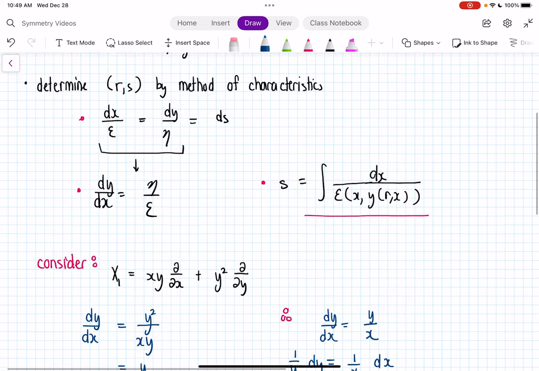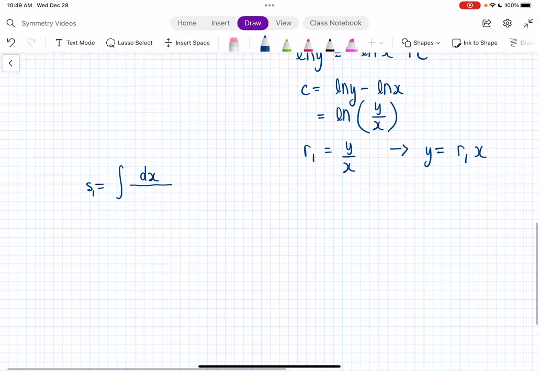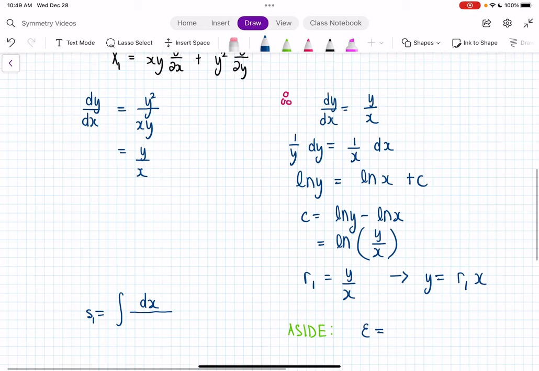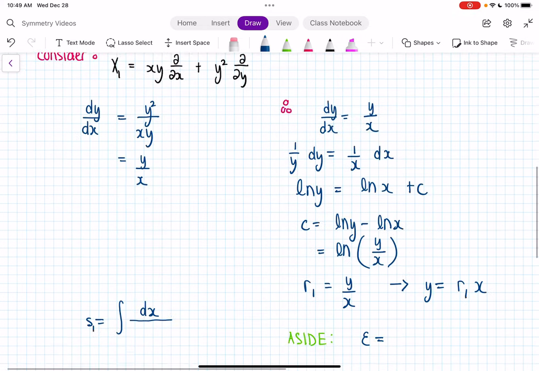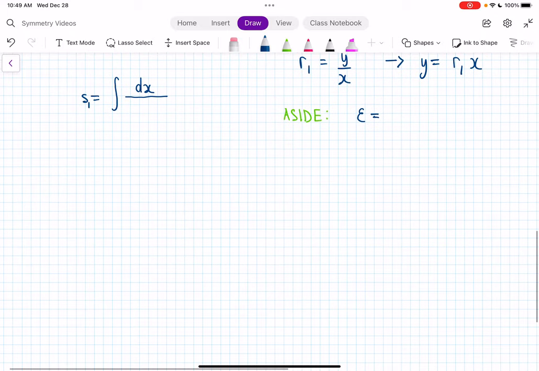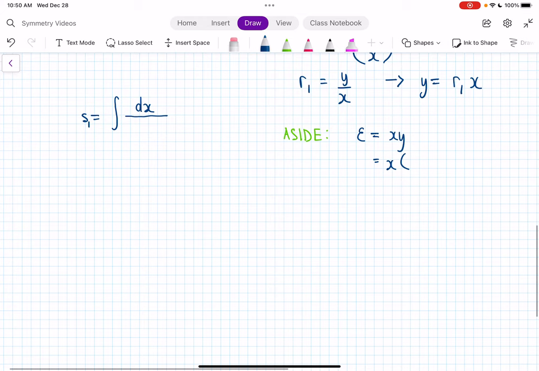I want to show how we got this, so I'm going to put this as an aside. That is the definition of chi, right? But remember, we're rewriting y in terms of r and x. So this is what we end up having.